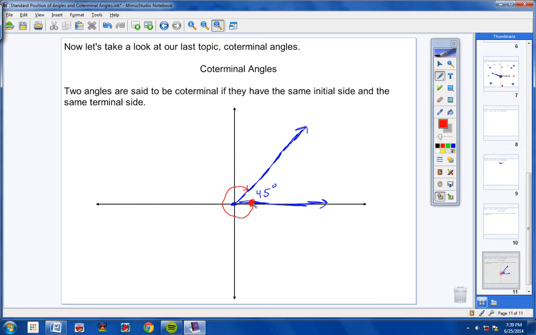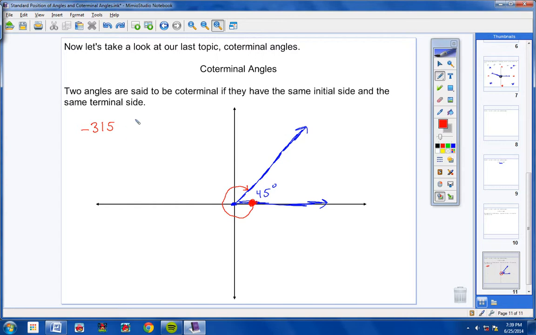What is the measure of this angle? Well, it's negative 315, right? Because we didn't quite go all the way around. If we would have gone all the way around like this, it would have been 360 degrees. But we stopped 45 degrees short. So 360 minus 45 is 315 degrees. So there is a negative coterminal angle for 45 degrees.